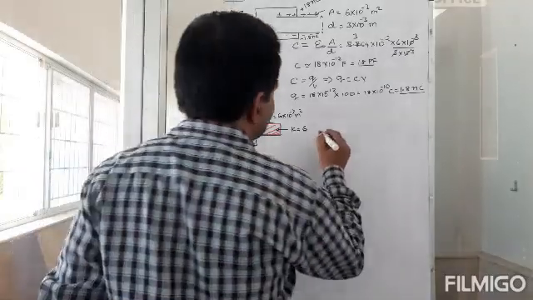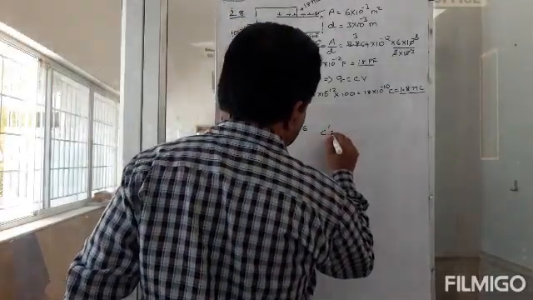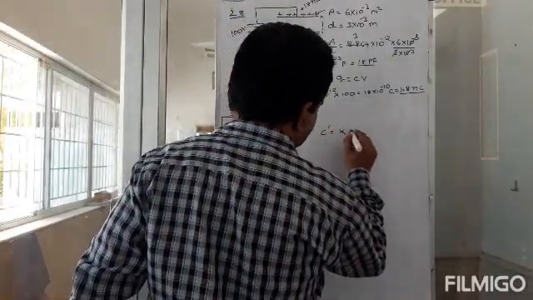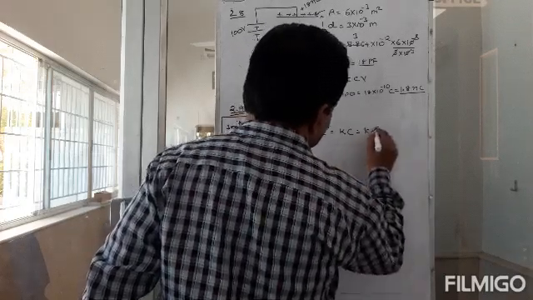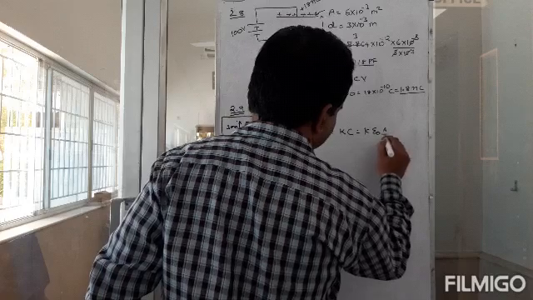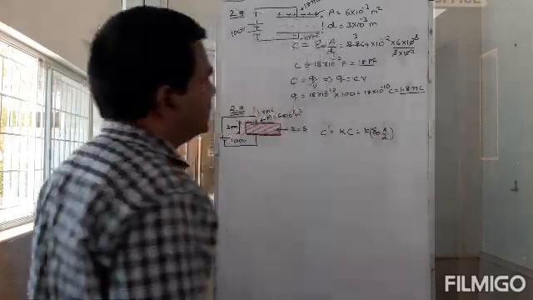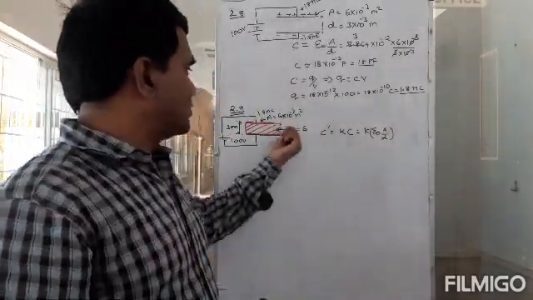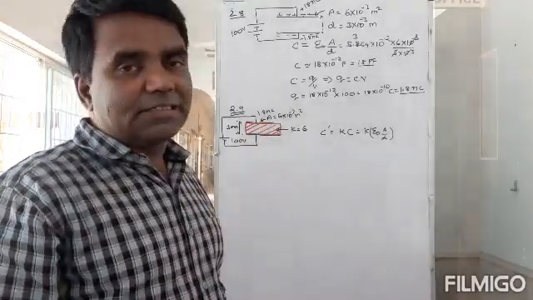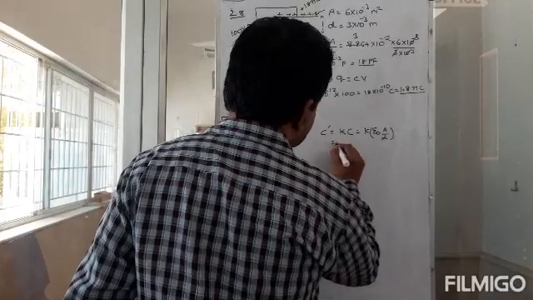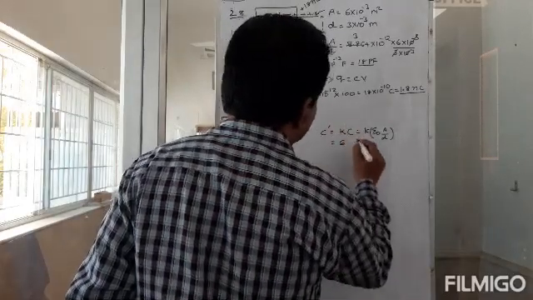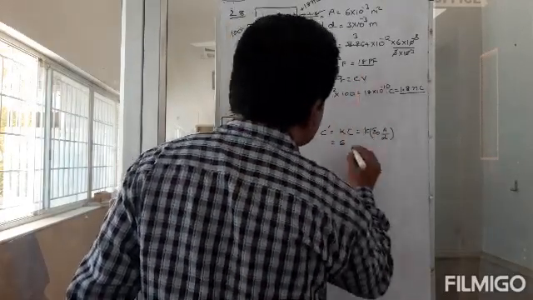Because you know what is the new capacitance? The new capacitance is equal to K times old capacitance, right? K times old capacitance, because K epsilon naught A by D. So the capacitance is going to increase 6 times now. This K is 6, so the new capacitance is going to be equal to 6 times 18 picofarad.